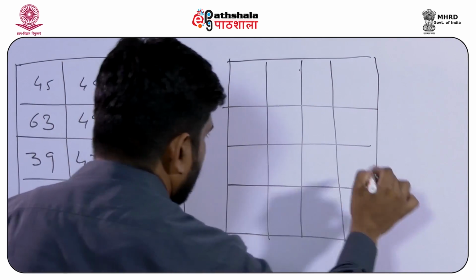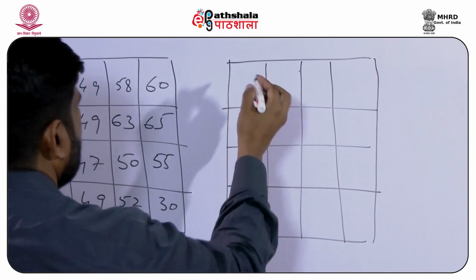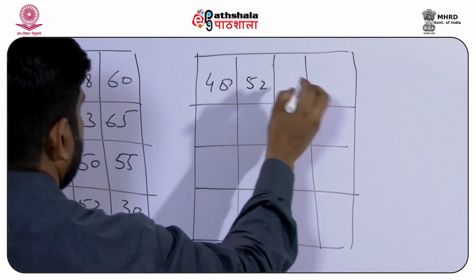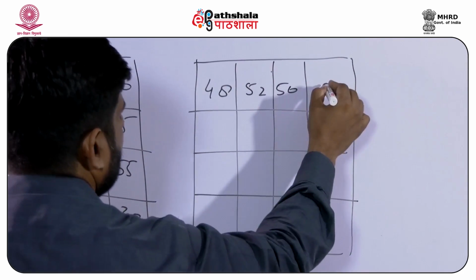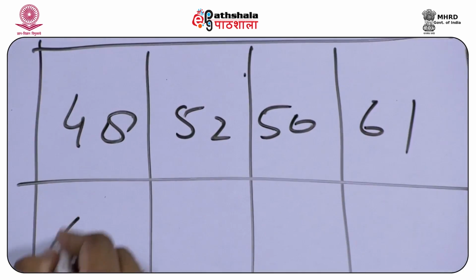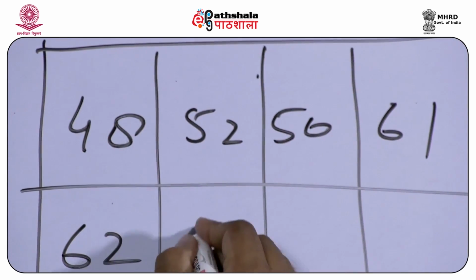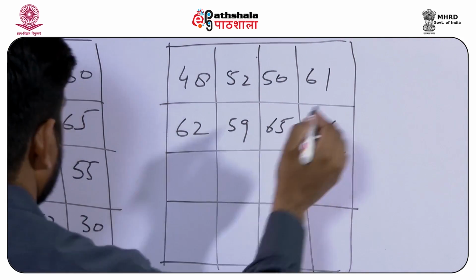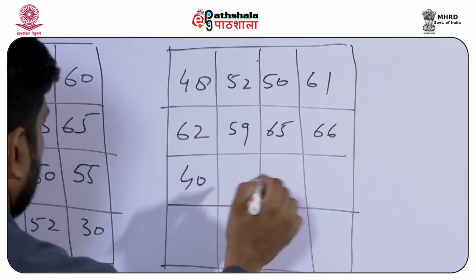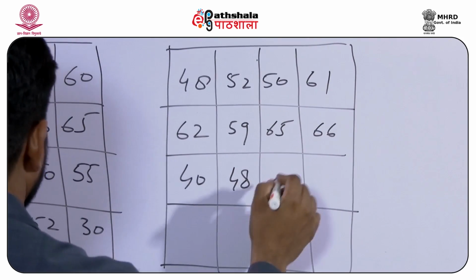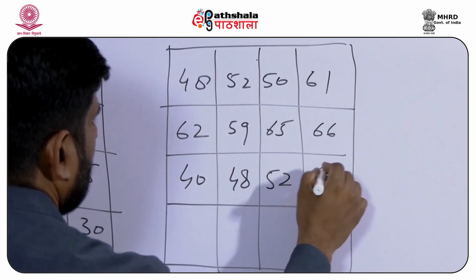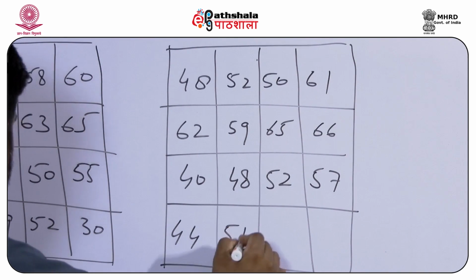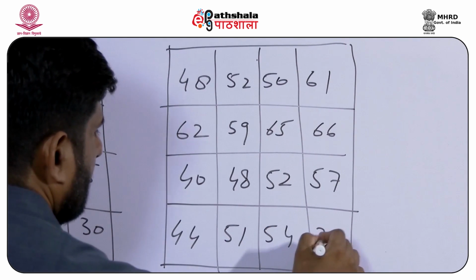let us say the corresponding pixel values are 48, 52, 50, 61, then 40, 57, 32.